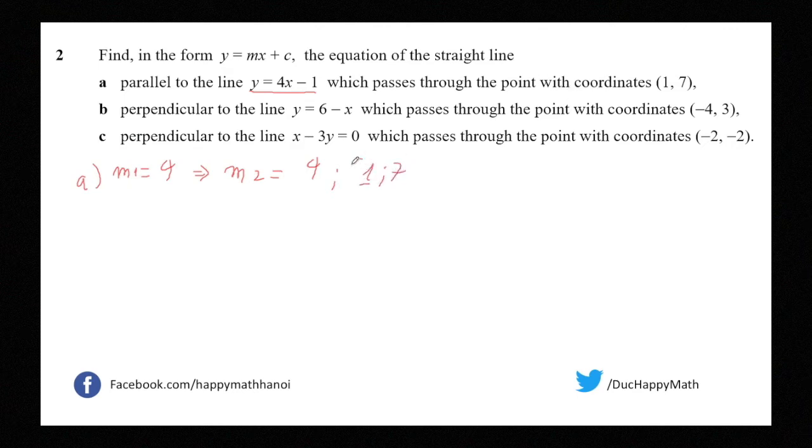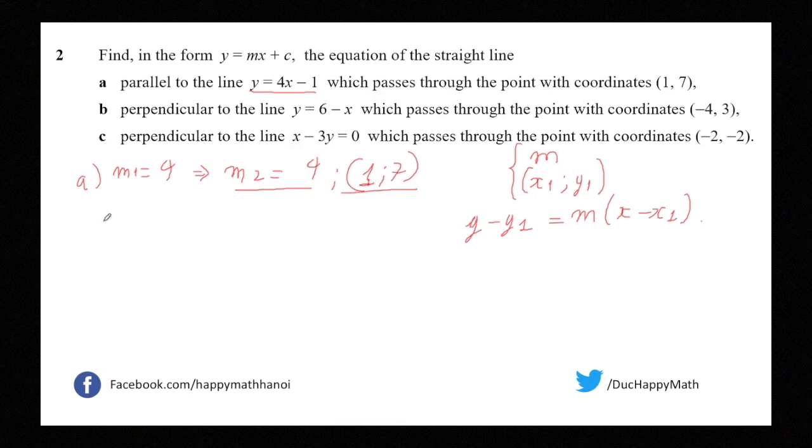Do you remember the equation of the line when you have m and the point (x1, y1)? The formula is y - y1 = m(x - x1). In this case, m = 4 and the point is (1, 7).